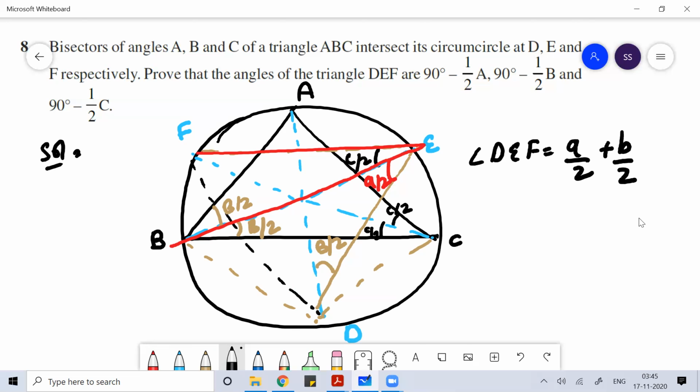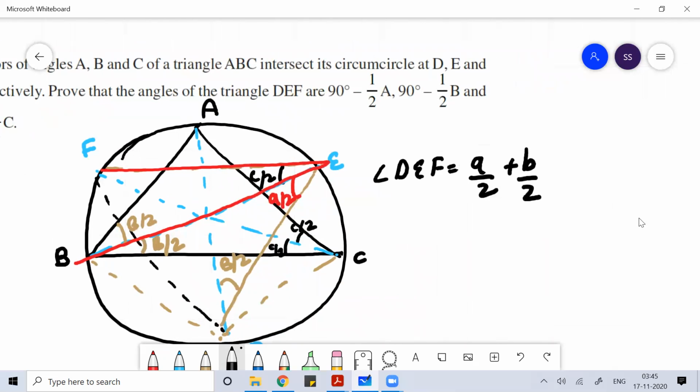Now you can write that the sum of angles A plus B plus C is 180 degrees. So you know that this is equal to 90 minus angle C by 2.